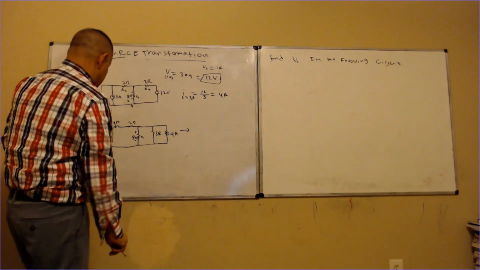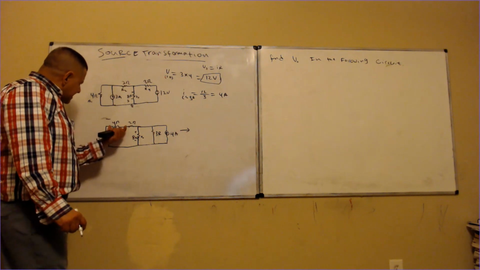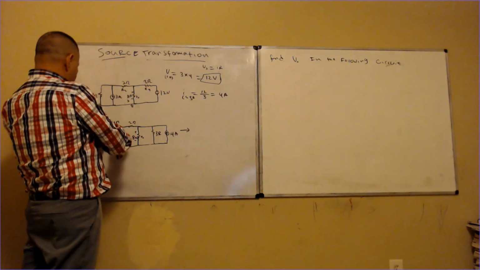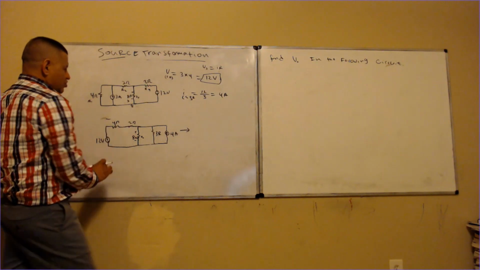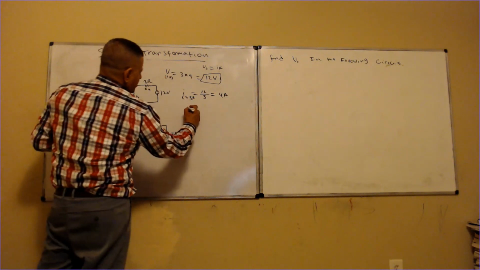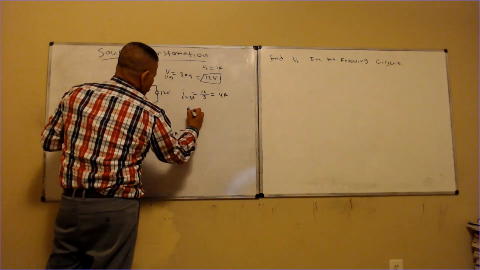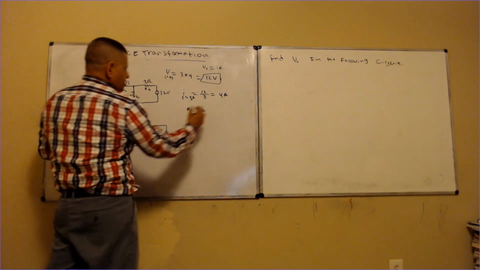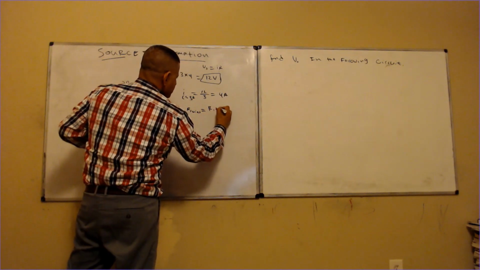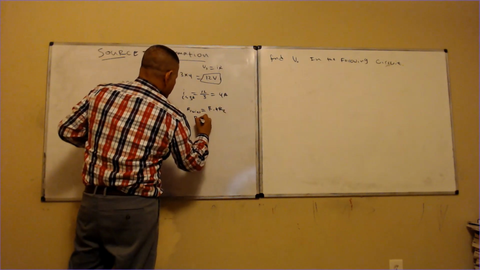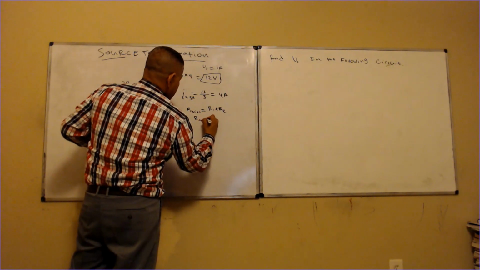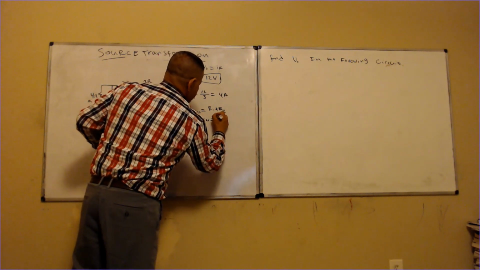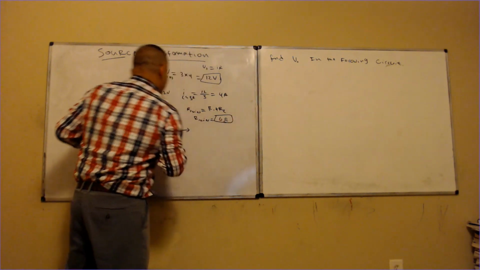Okay, now you can see that this guy right here, R1 and R2 right here, those guys give me R in series. R in series is equal to R1 plus R2, and R series is equal to 6 ohms, right? So now you can see that those are done, right?